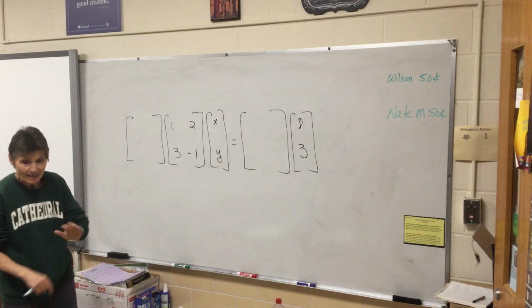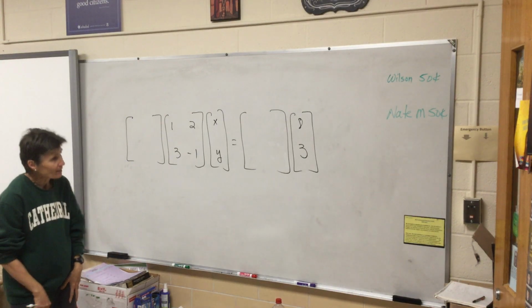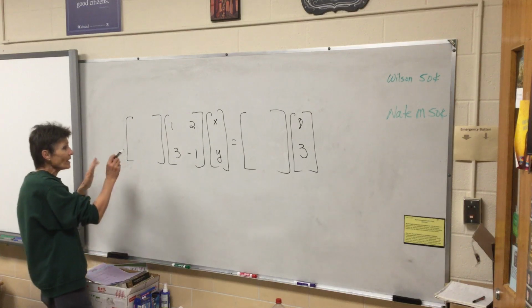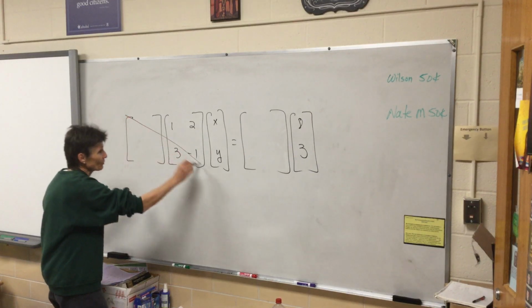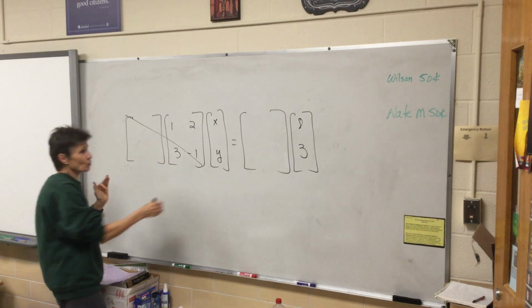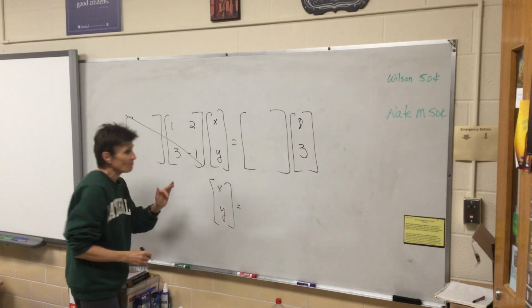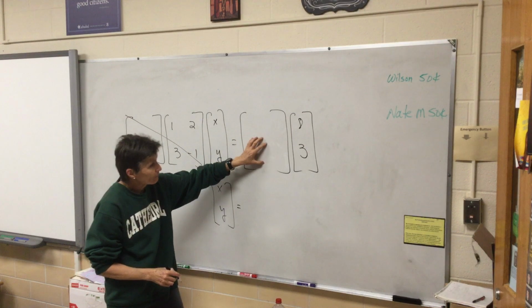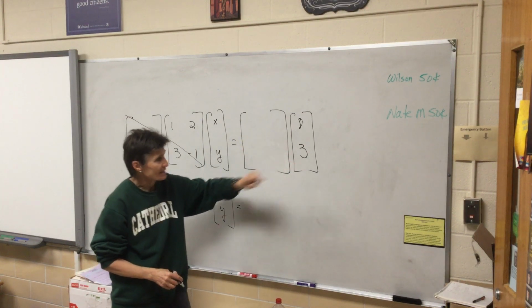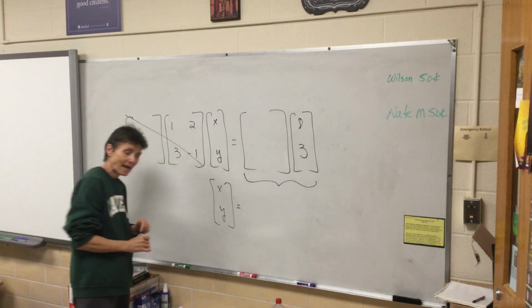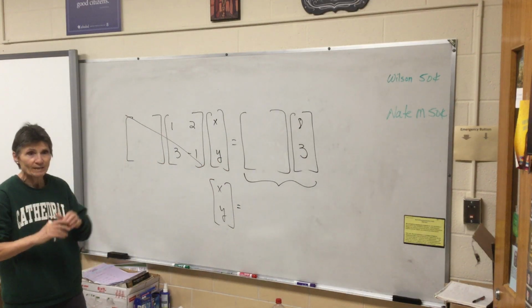Now the reason I said that you didn't have to write all this out every time, you absolutely can. But when you find the inverse, these are going to cancel. So basically your answer is going to come from the inverse matrix times 8, 3. So this is what you really have to do. That's the actual work that has to be done.